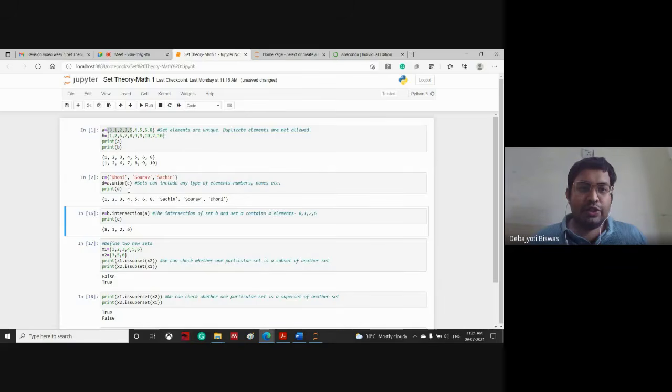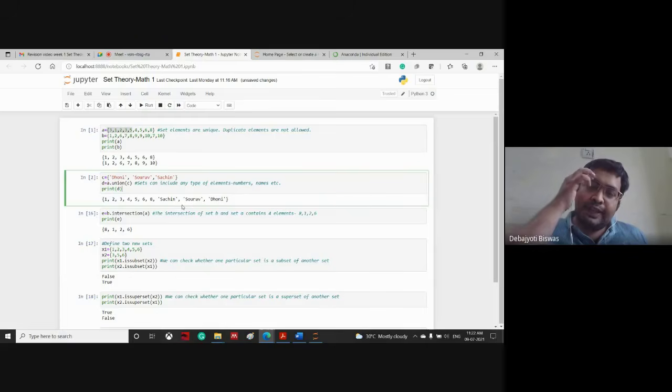One other thing we should remember, although this time it is not shown here, is that there is no order in writing elements of the set. When I ran this program for the first time, it was showing 1, 2, 3, 4, 5, 6, Sachin, 8, Saurabh, Dhoni. So you should remember that there is no order in the set elements.